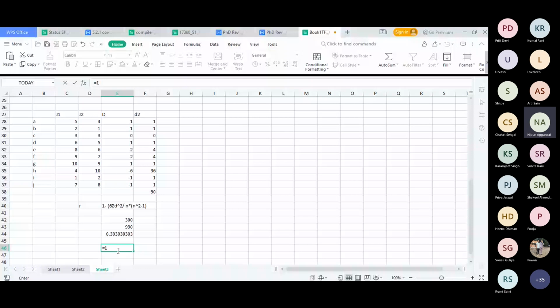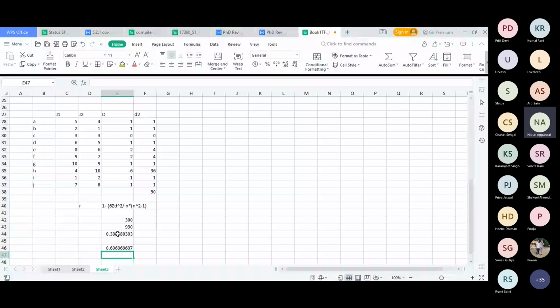So the Spearman rank correlation comes out to be 0.6969. That means we can say there is a positive correlation between the two judgments, but not a perfect positive. It is a high positive because it's close to 0.7. So we can say that there is a high degree of correlation between the two judgments: if one is saying good to one contestant, the other is also saying good to the same contestant.